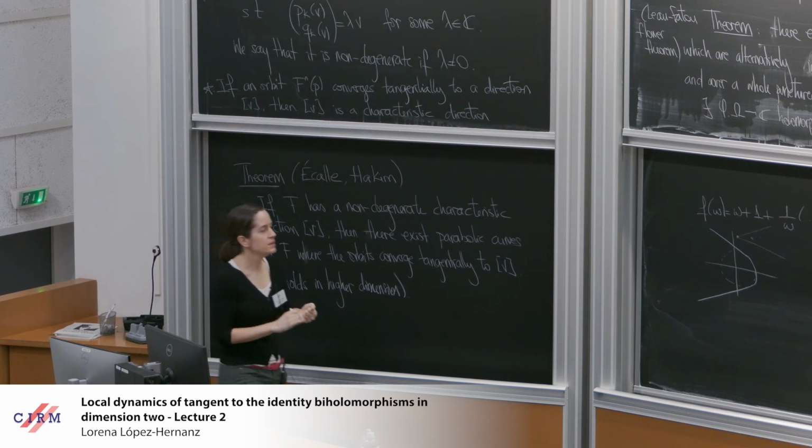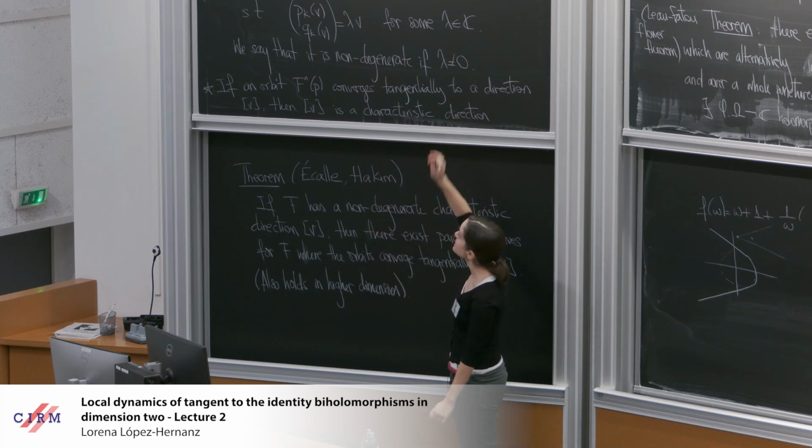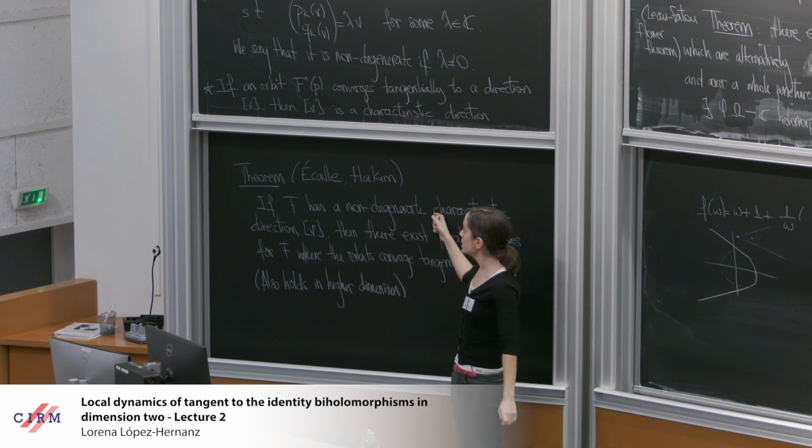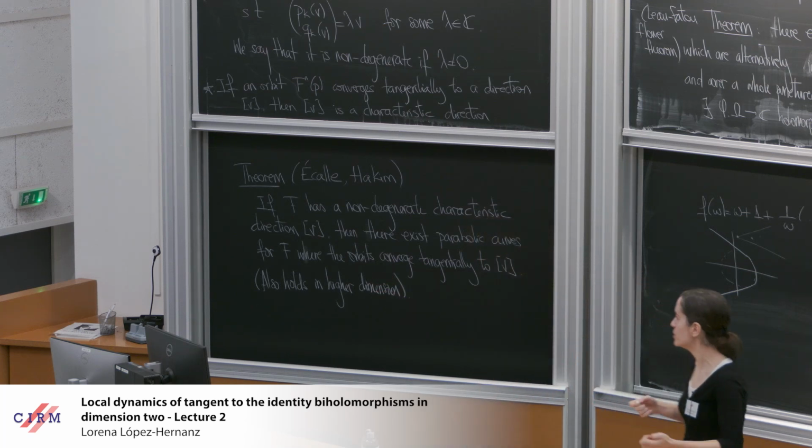So they are the only possible directions of tangency of an orbit. This result tells us that with this non-degenerate assumption, where lambda is different from 0, these non-degenerate characteristic directions always support a parabolic curve.